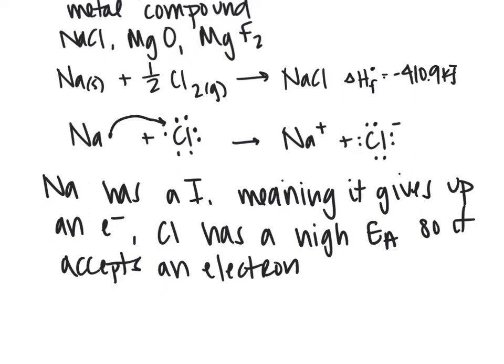This is a perfect match where sodium will give up its electron and give it to chlorine. So when we think about this reaction, it's highly exothermic, which means it's going to give off a lot of energy. And we know that solid salt exists. So how are we forming these ionic substances in these cases?